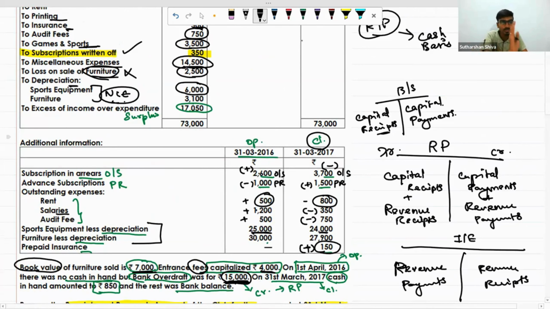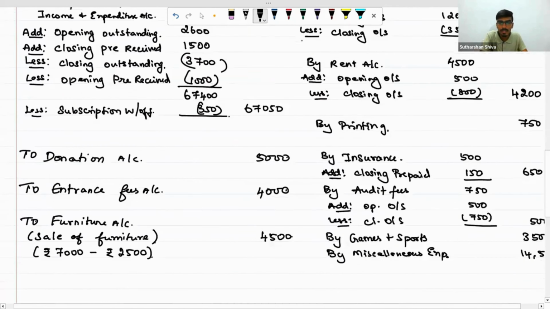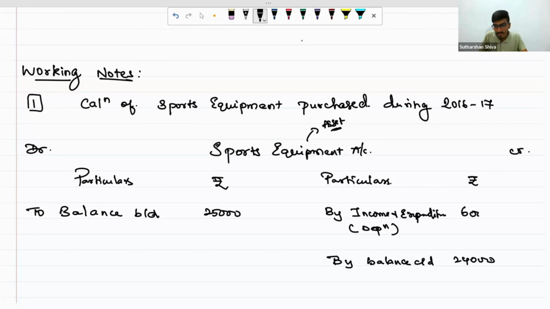Now, after the deduction, it is shown separately. This 6,000, which side is it on? Debit side. In that account, we take it to the credit side by writing by income and expenditure account. In brackets you can write depreciation, or directly write by depreciation. That is 6,000 you have written.